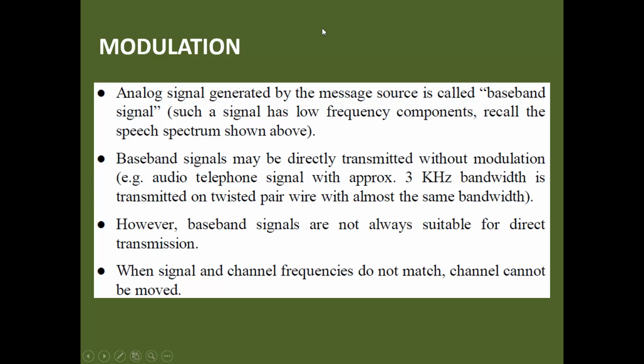Now let us come to the very important topic of modulation. Analog signal generated by the message source. Now, what is the source? A source can be whatever you are speaking, that you are a source of speech.